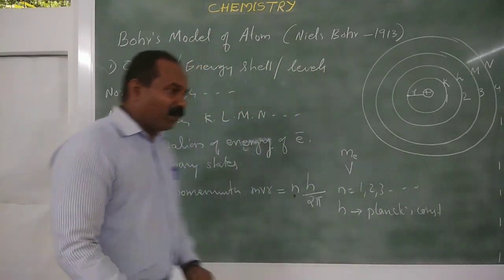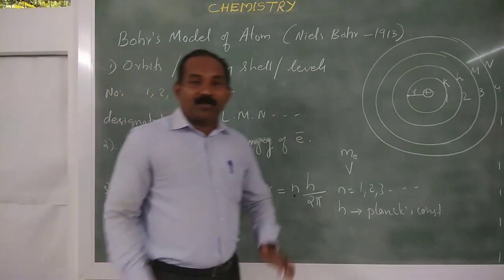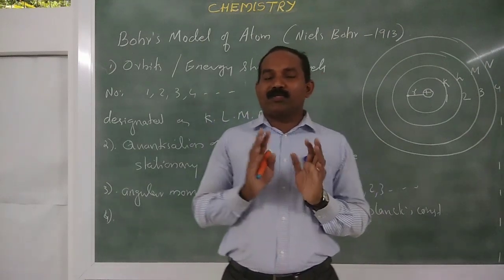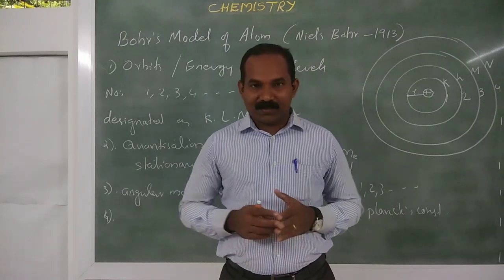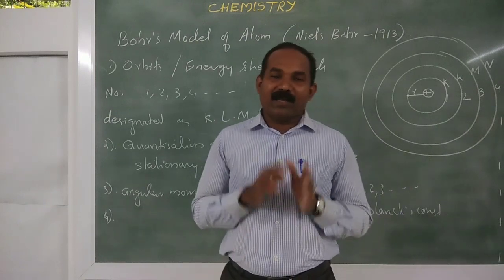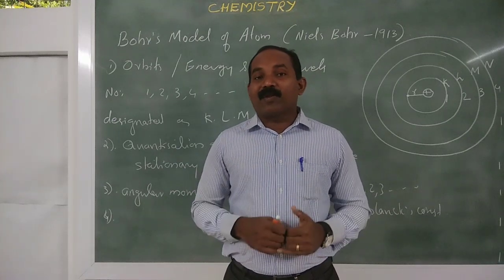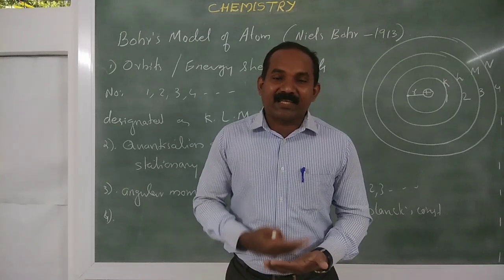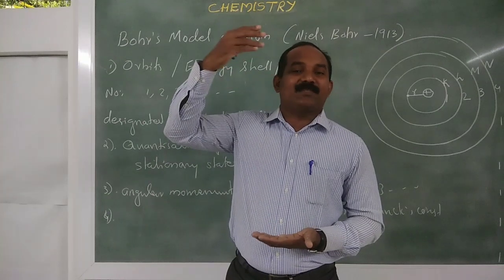And the next important point, the fourth point. An electron moves from one orbit to another only by absorbing or emitting energy. The energy of the electron is quantized in a particular orbit. If the electron absorbs energy, it will move from lower stationary states or lower energy shells into the higher energy shells.